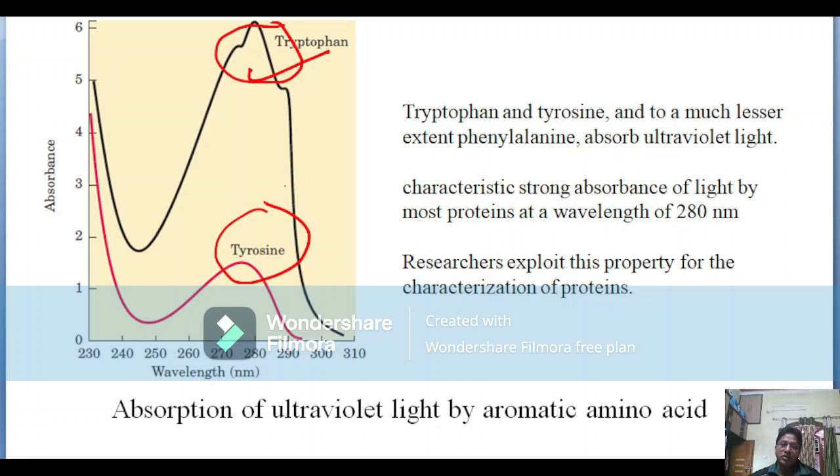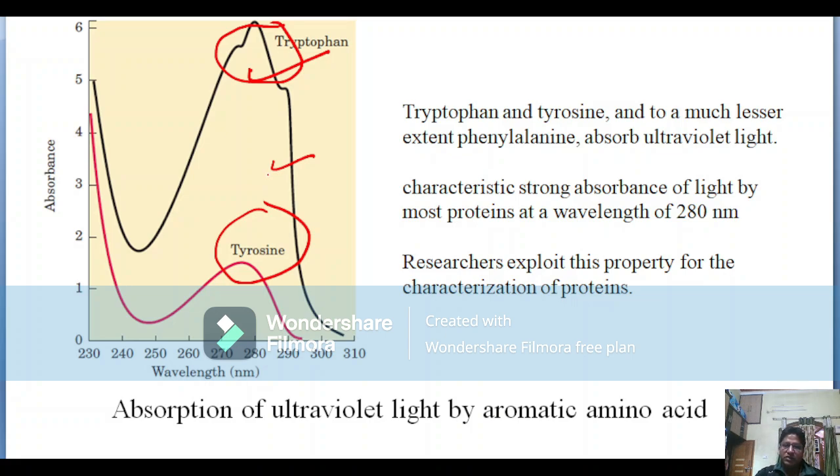This property helps researchers determine the concentration of a protein. Based on how much absorption is taking place by the protein, some calculations can be done and the concentration of the protein can be determined.